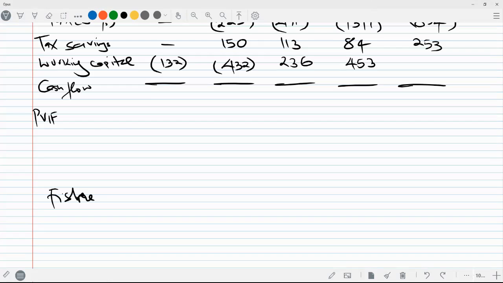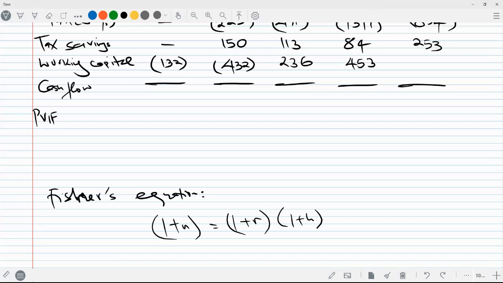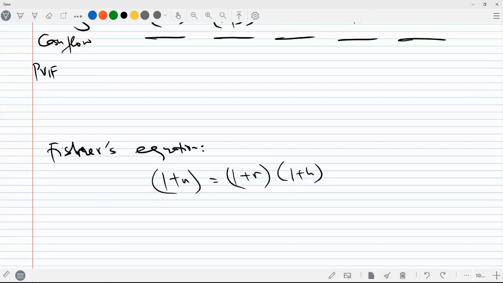Let's do it together. As per Fisher's equation, the nominal return 1 plus n is equal to 1 plus r, multiplied by 1 plus h. The nominal given to us in the question is 12%, so 1.12 is equal to 1 plus r, times 1 plus 0.047. Here h is the general rate of inflation.